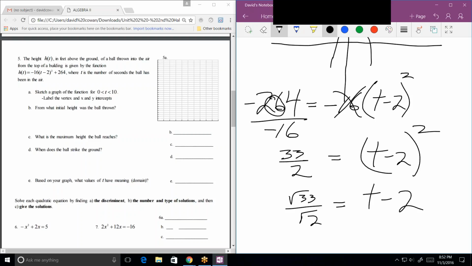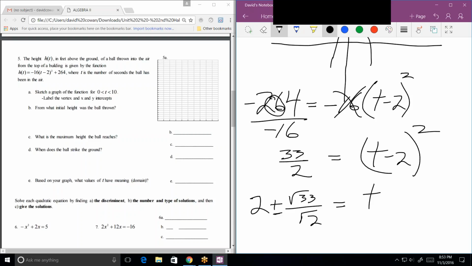I still have to solve for t, which means I have to add 2 to that. So there's my answer. Excuse me. It is plus or minus, because they asked for us to sketch the graph and label the X and Y-intercepts.